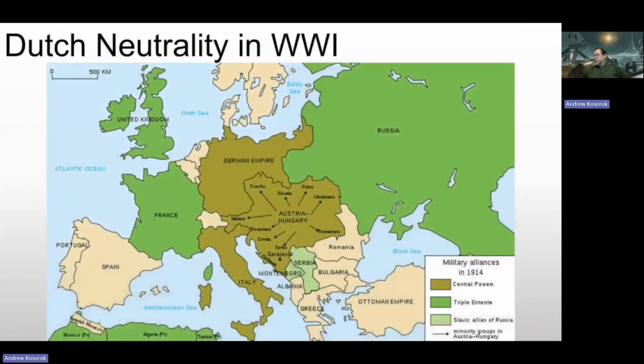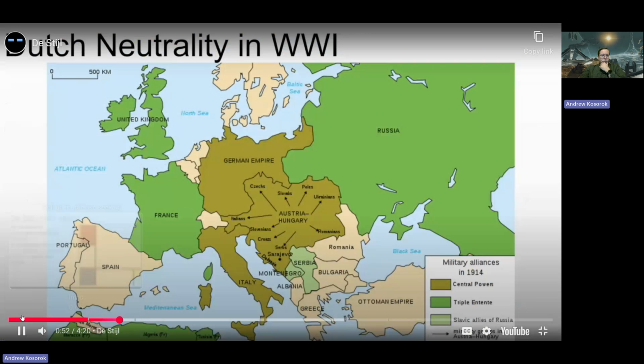Now, it grows out of Dutch neutrality in World War I. They found themselves rather isolated because they don't get involved in the war, either on the German or French side, and therefore are isolated by both sides, not just Germany. What was really difficult is that the Dutch people, the Dutch environs, they really didn't have any way to defend themselves.